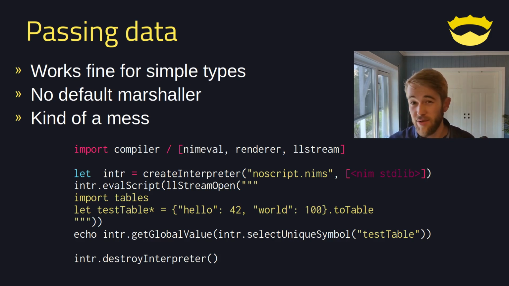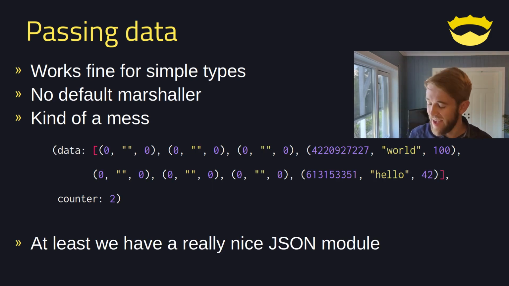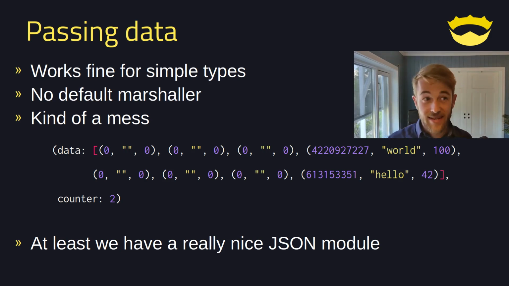And that ends up looking like this, which, if you were expecting a table, isn't really what you wanted to see. It's a data object with a sequence of tuples with some numbers and a string. So this is actually what a table looks like in memory, which is all fine, but it's not exactly what we wanted.